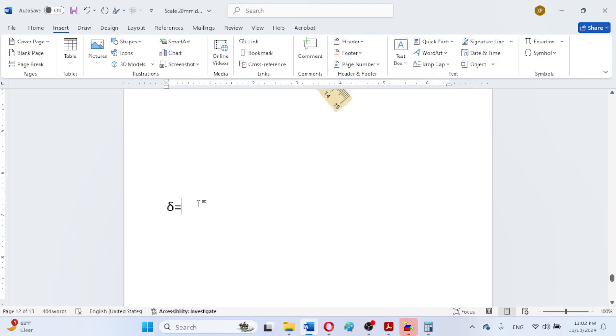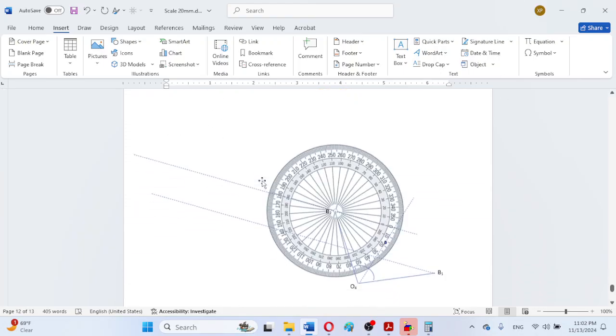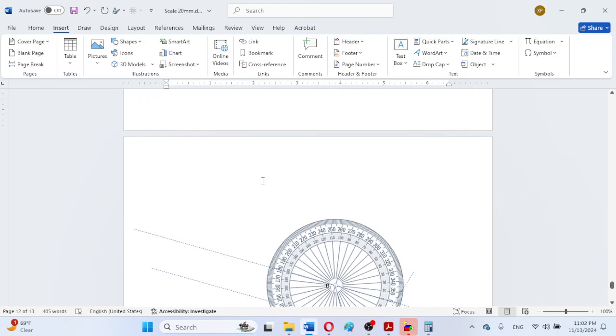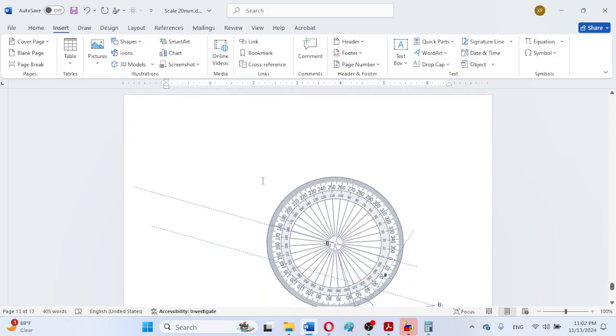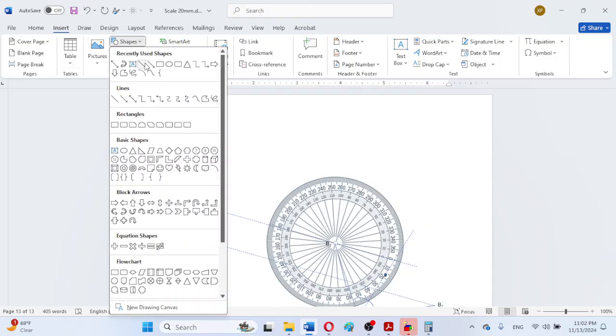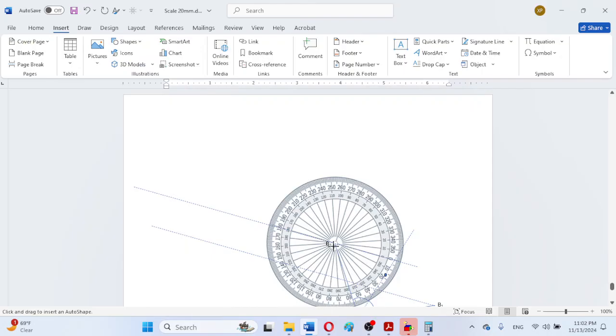I can define, for example, the delta as somewhat 20 degrees, sufficient for example. So 20 degree delta has been assumed. So draw this line at 20 degrees from here.